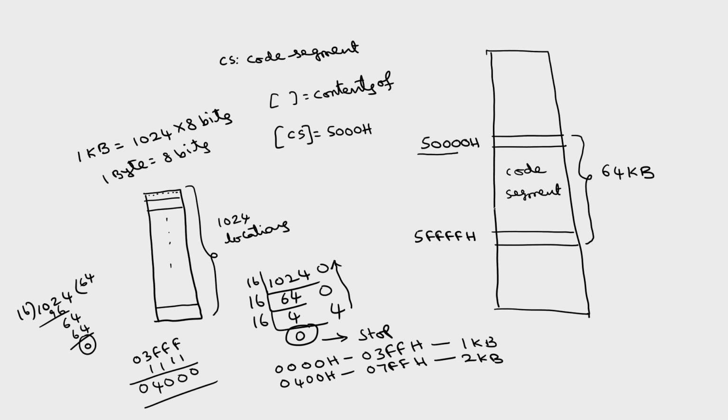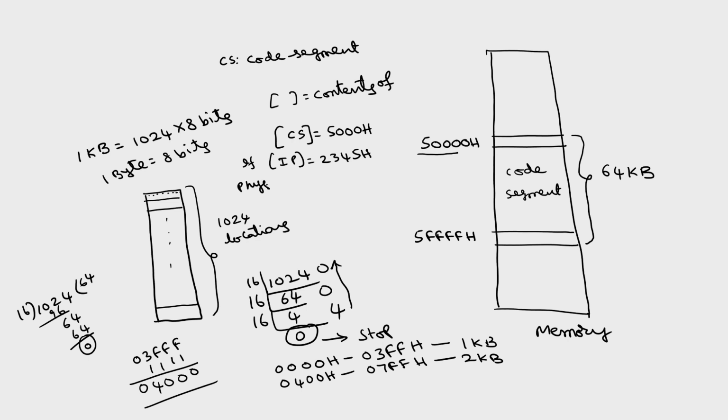Then to access any byte, we will take the instruction pointer. Suppose the instruction pointer has the address 2345H. The physical address from where we are going to either read or write the data in the memory can be obtained using this. This is called the effective address.